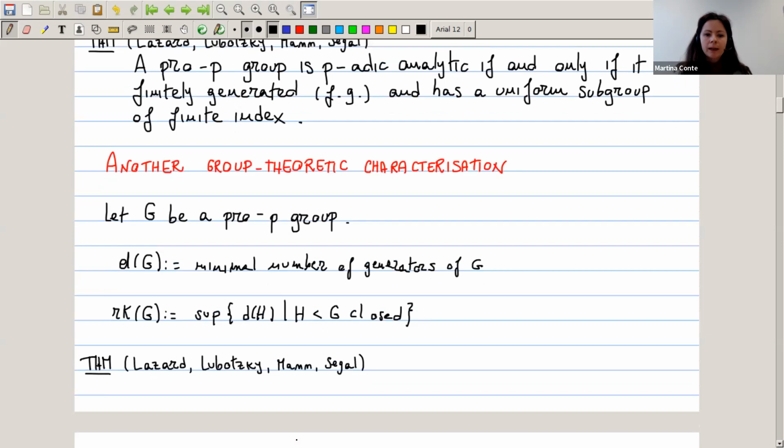We have the following characterization of analytic pro-p groups. A pro-p group is p-adic analytic if and only if it has finite rank.